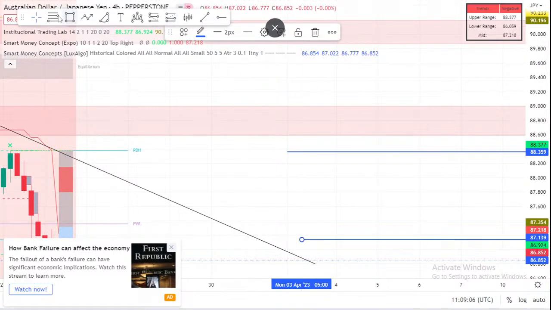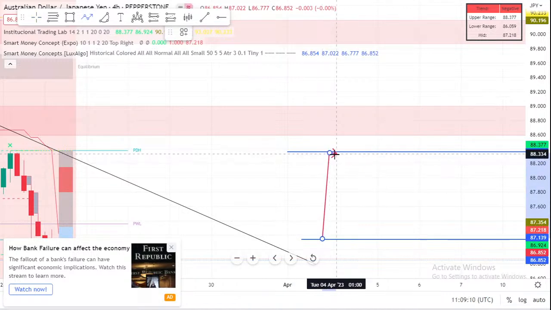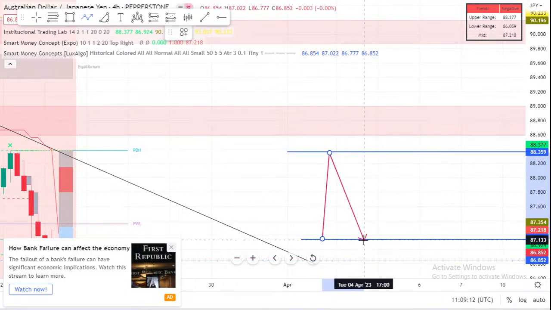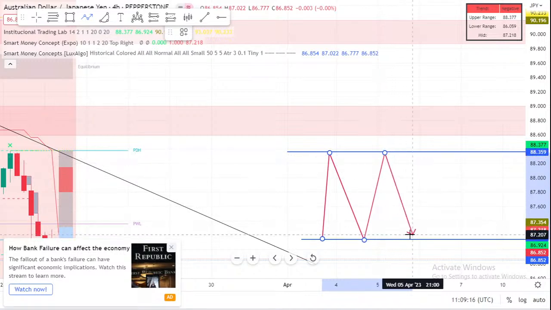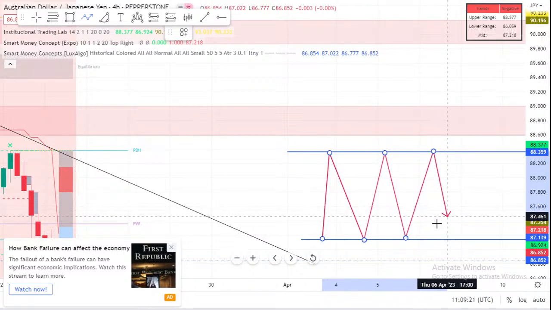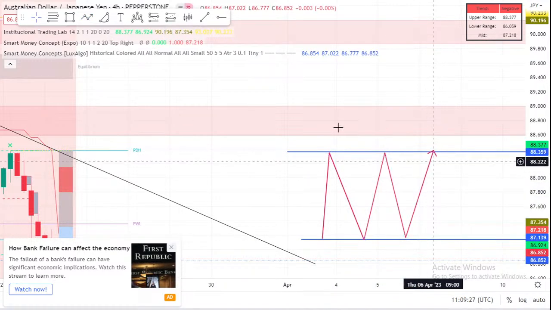You notice that every time the market comes to the upside like this, or even down, comes up, okay, it was supposed to move to the downside.